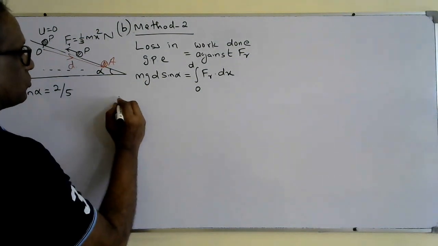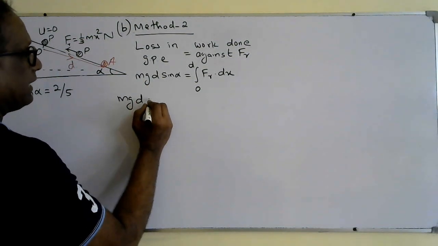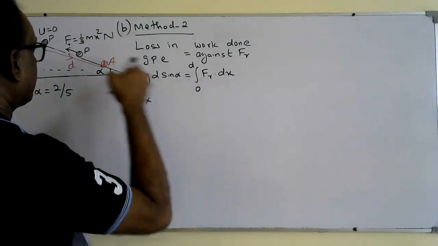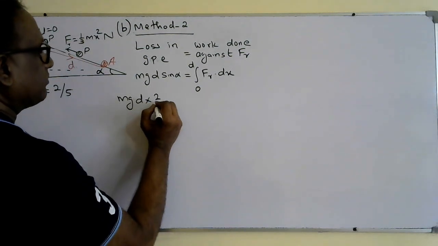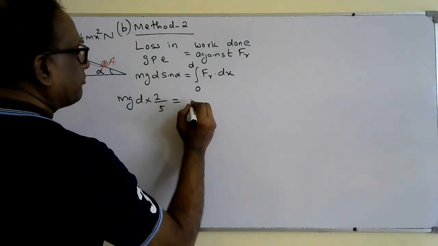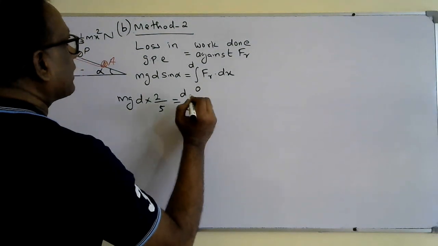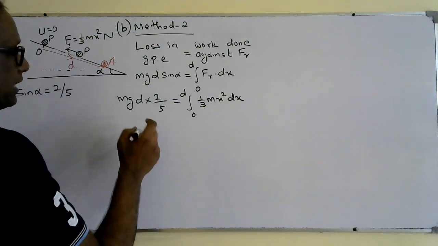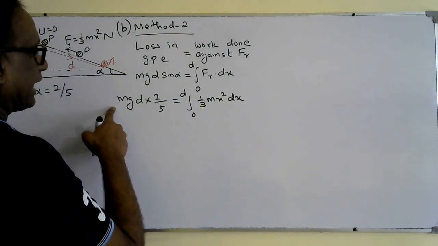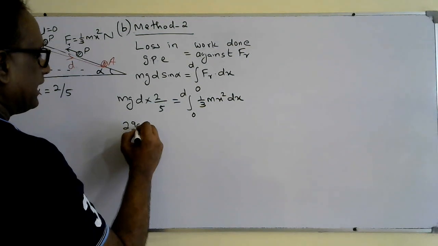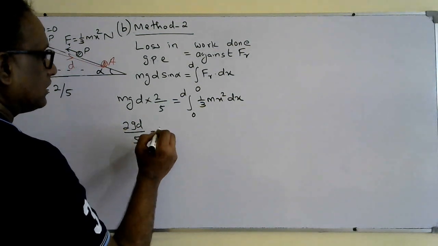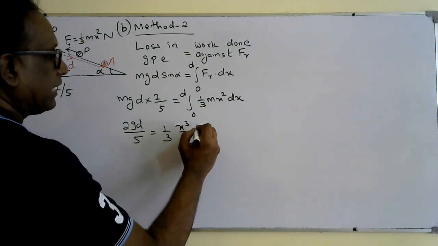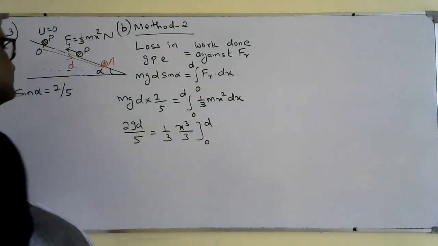mg d sine alpha, m will get cancelled. Sine alpha is 2 by 5, equal to the integral of Fr from 0 to d, with Fr equal to 1/3 m x squared dx. Again m will get cancelled. So 2g d over 5 is equal to 1/3 x cubed by 3 from 0 to d.